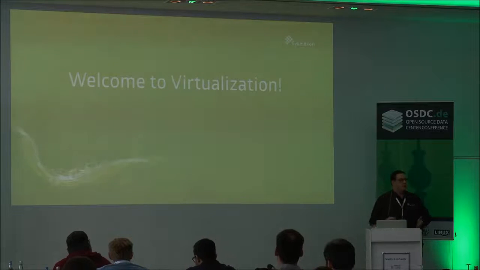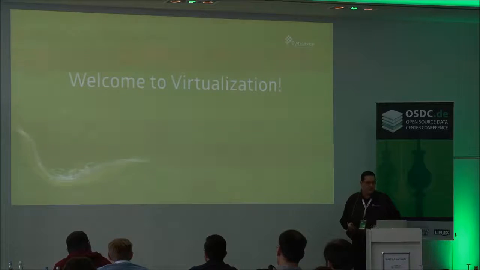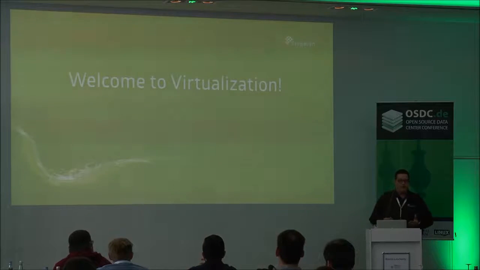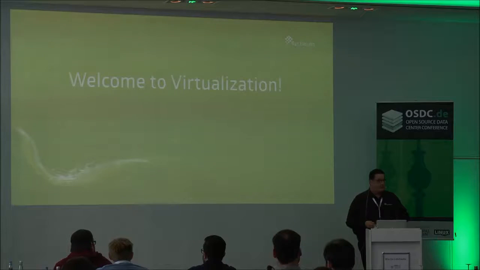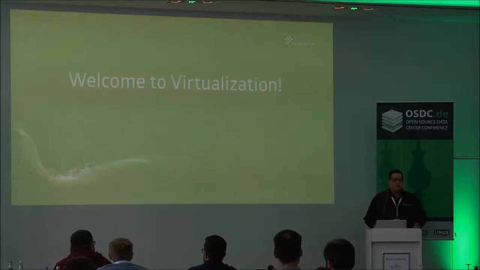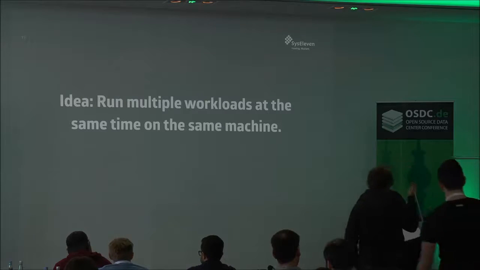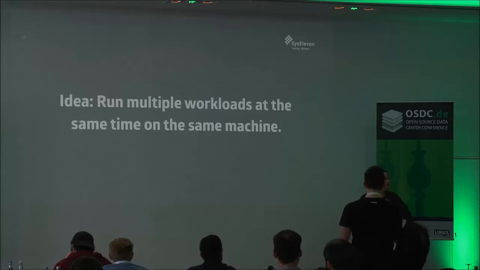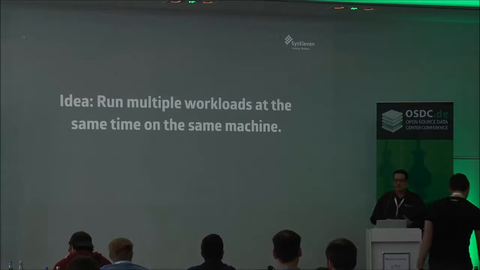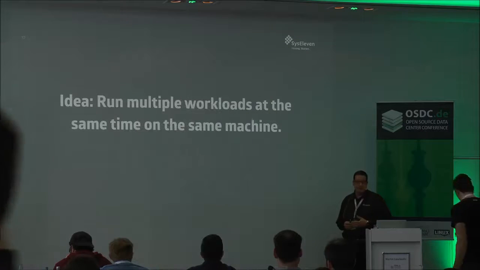And this is where virtualization comes in. Virtualization really follows a very simple idea: to run multiple workloads at the same time on the same machine. Of course, every workload needs to be strictly isolated from the other workloads on the machine.